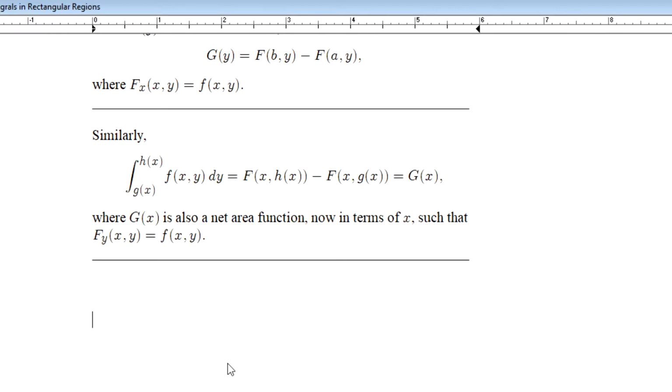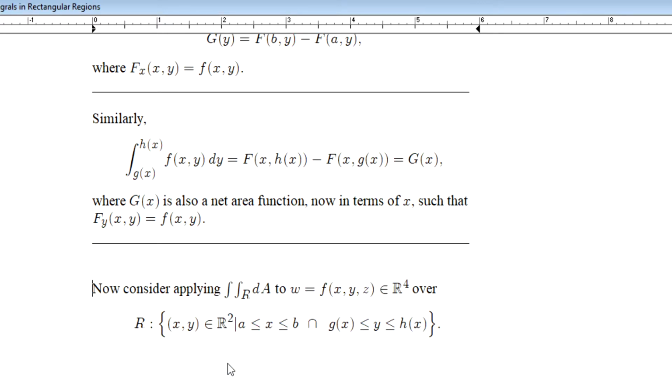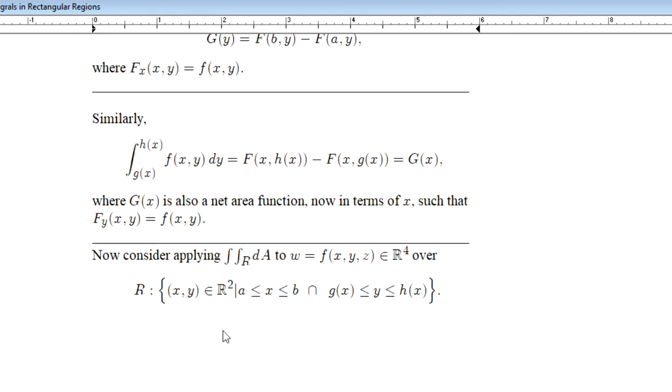Now, let's add another idea here. Now consider applying, in this case, the double integral over region R with respect to the area of R, to what would be a multivariable function f that would exist here in four-dimensional space. This multivariable function f that exists in four-dimensional space is going to define what we call a hypersurface in 4 dimensions.